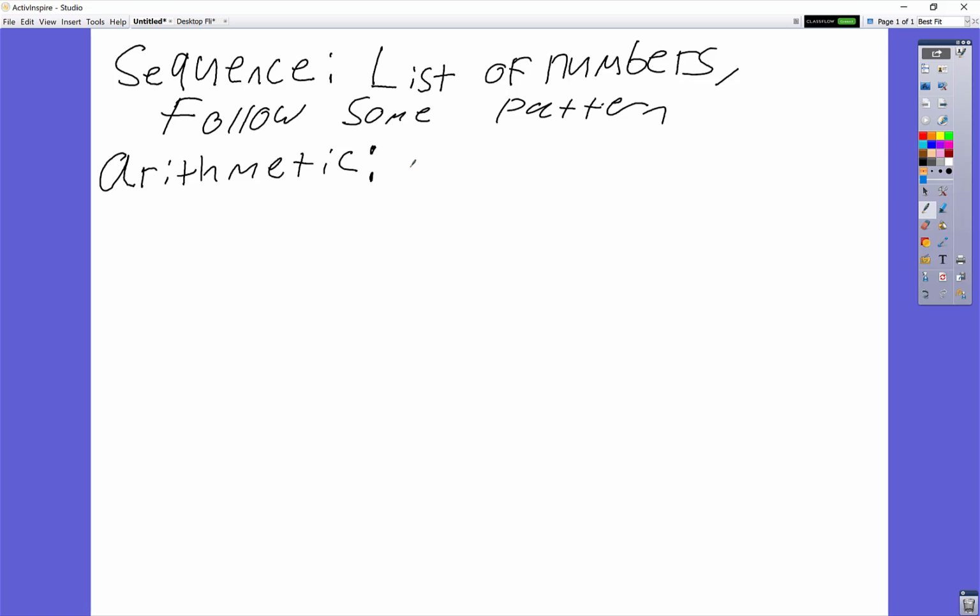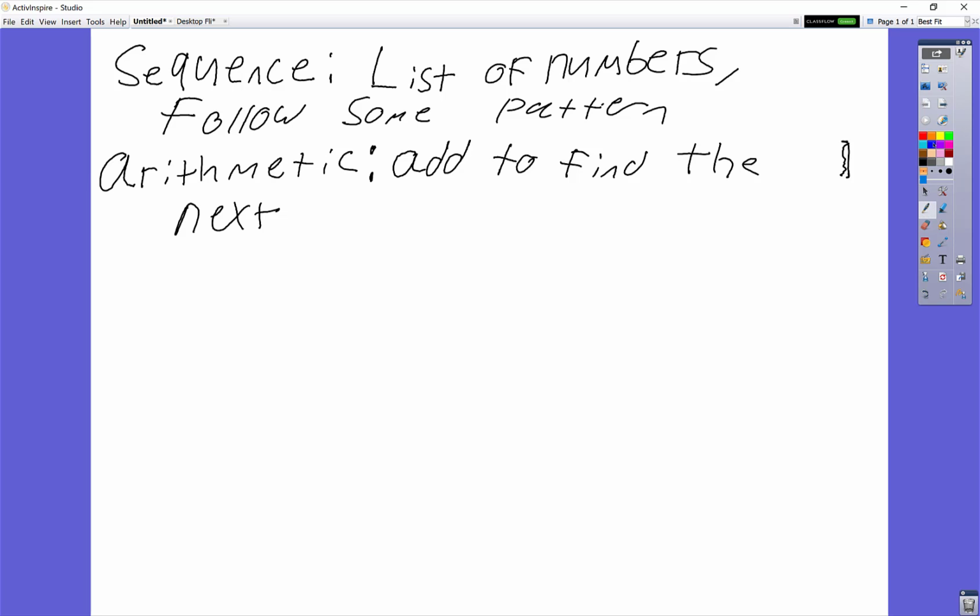The whole idea is that for each new term, you add a value. So you add to find the next term.